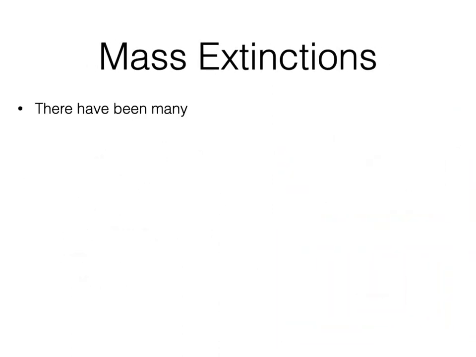Okay, and so there have been many mass extinctions on the planet in which entire lineages have disappeared, and this is one of the things that's scary for existing species, because we all depend on other species to survive. And so when these mass extinctions come up, it can be really precarious for other life on the planet.